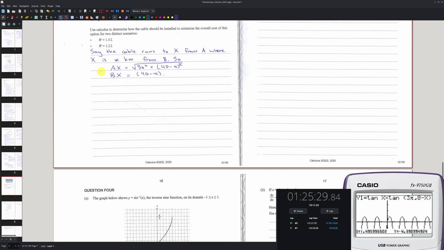So the cost in case 1 is 1.5 L times the square root of 30 squared plus 40 minus X squared, plus 40 minus X. So dc over dx is L times 1.5 times 30 squared plus 40 minus X squared to the power negative 1/2.